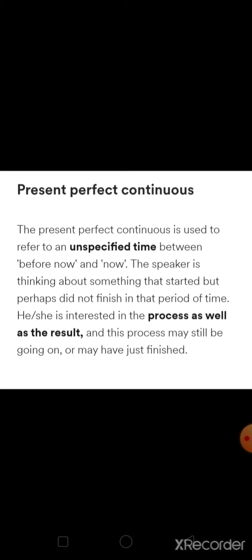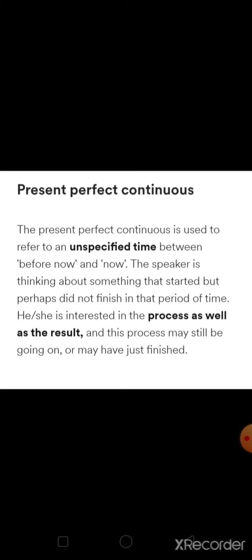The present perfect continuous is used to refer to an unspecified time between before now and now. Right? Means between when the action started and now, that is a time duration. The speaker is thinking about something that started but perhaps did not finish in that period of time.